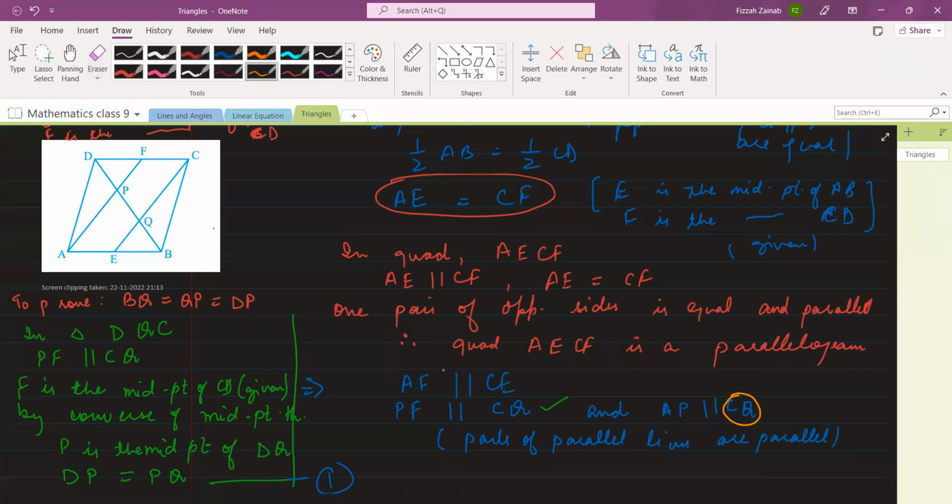Now see here, Jocelyn, again. The full side AF was parallel to CE. Is that clear? See in the figure, AF is parallel to CE, right? This complete side is parallel to this complete side, so their parts are also parallel.